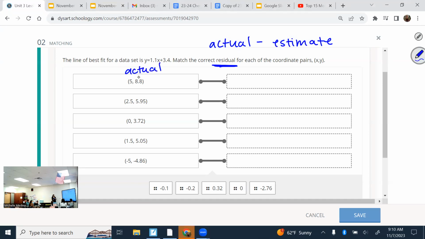X would be the input, Y would be the output. So when you're doing your subtraction, really you're focusing on just the Y's. And then your estimate comes from this line. And your estimate should be for the same input. So what's the input for this first coordinate? What's the X for the first coordinate that's here?